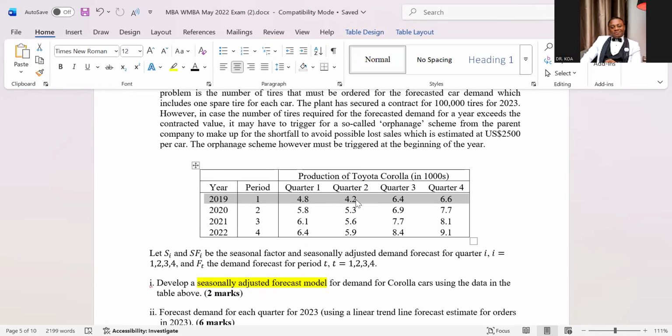Now, the moment you observe a table like this, one of the first things you do, even before you look at the questions, is to try and calculate the sum for each year and the sum for each quarter. That's the first thing you do. So note it down. You calculate the sum of, in this case, production capacity, the sum for 2019. You sum all the quarterly demand.